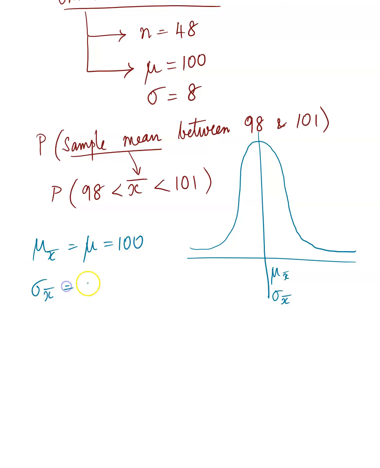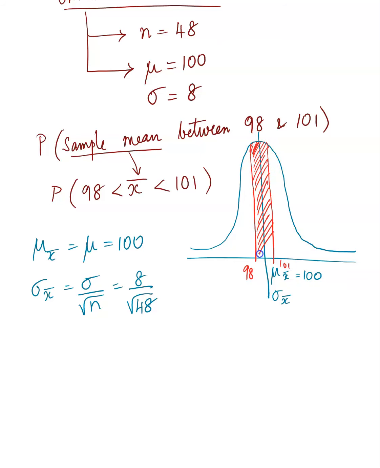Sigma x bar is the same as sigma, but with a root n in the bottom, so that's 8 over square root of 48. If 100 is the middle value, then we can have 98 somewhere here and 101 right there. Looks like it's going to be a thin sliver, and you're trying to find this area, the red shaded area.